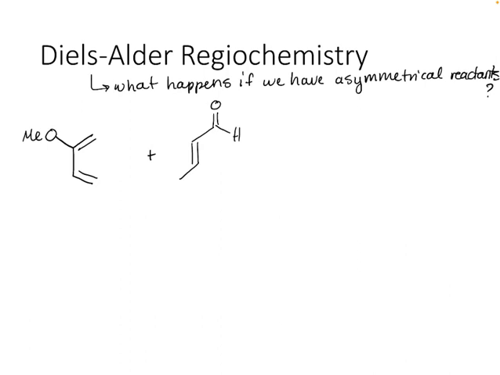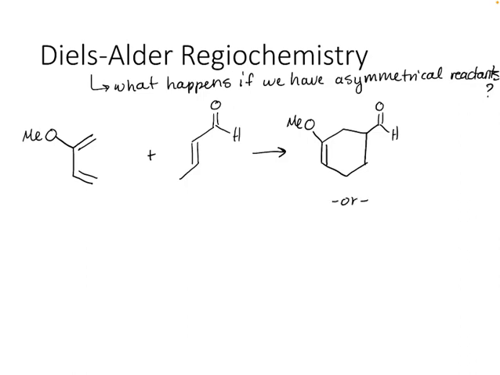Okay. So there's a couple of different outcomes that could occur. We could end up with our aldehyde and our methoxy group just kind of in the same positions that we drew them in initially.